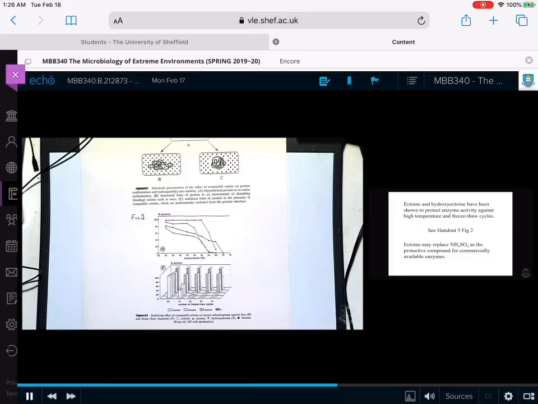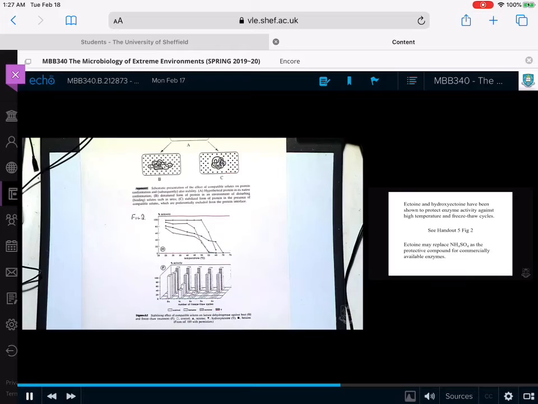Okay, so at the moment, just come back to the slides. When you buy your lactate dehydrogenase or other enzyme from Sigma or elsewhere, it will probably come as a suspension in about 3 molar ammonium sulfate. That's been the traditional way of keeping the enzyme active.